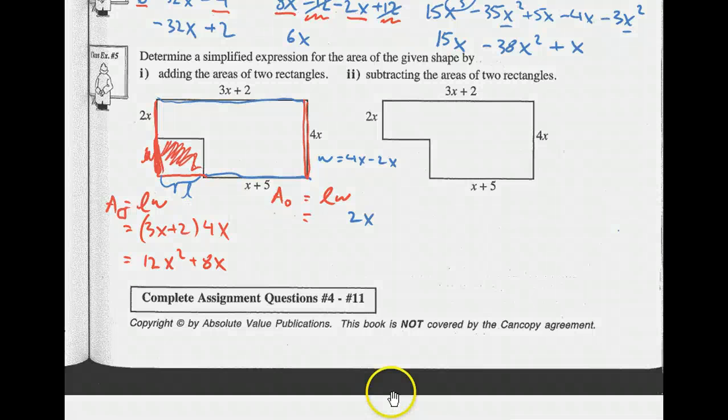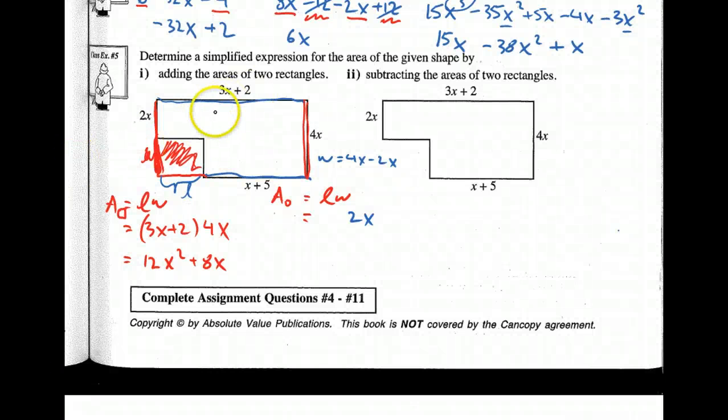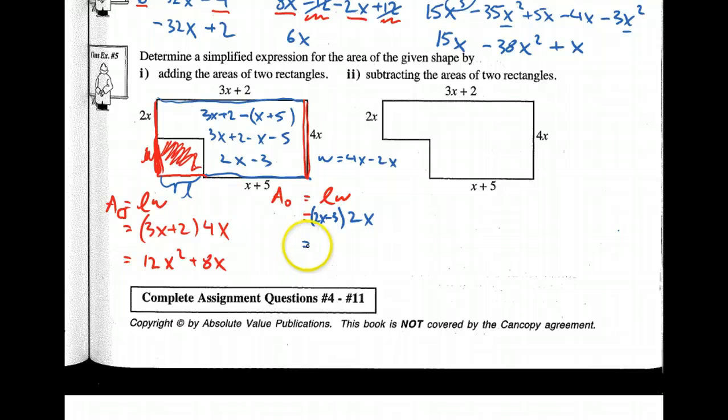So it's going to be 3x plus 2 minus, and I need to put a bracket, x plus 5, 3x plus 2 minus x minus 5, 2x minus 3, and there it is. So 2x minus 3 is the length, and the area of the little guy in that case would be 4x squared minus 6x.